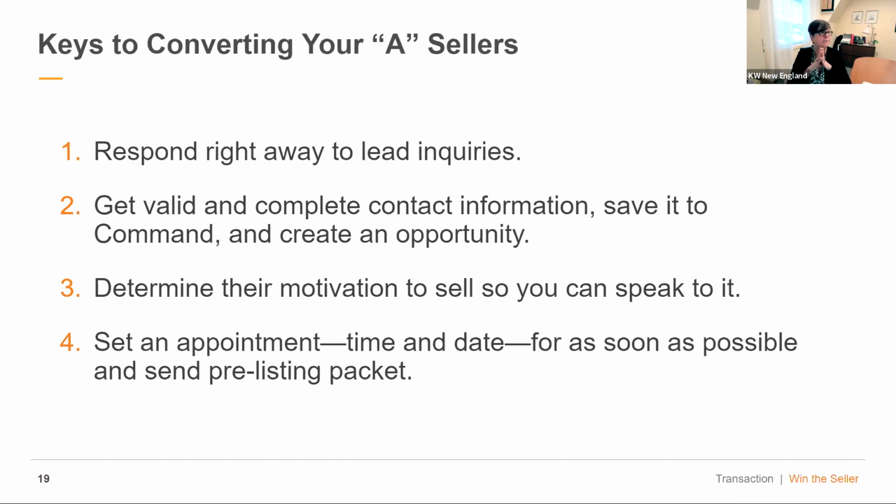If anybody even acts like they want to sell, get an appointment with them, get valid and complete contact information, get them in Command, and immediately create an opportunity in Command so you're not scrambling later. Even if someone is not going to sell for 2 years, create an opportunity in Command. It's all sitting in there. Get your work done while you have a minute.